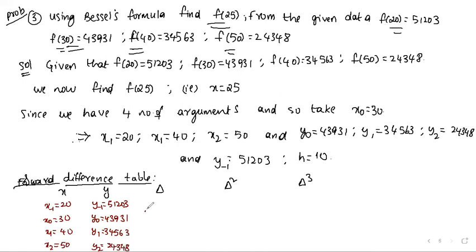Del y minus 1 is equal to minus 7272. Del y0 is equal to minus 9368. Del y1 is equal to minus 10215. And the second difference, del square y minus 1 is equal to minus 2096. Del square y0 is equal to minus 847.